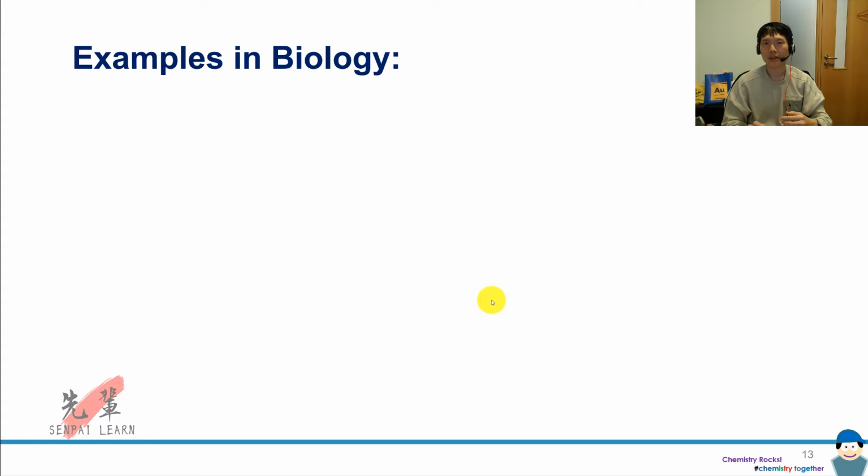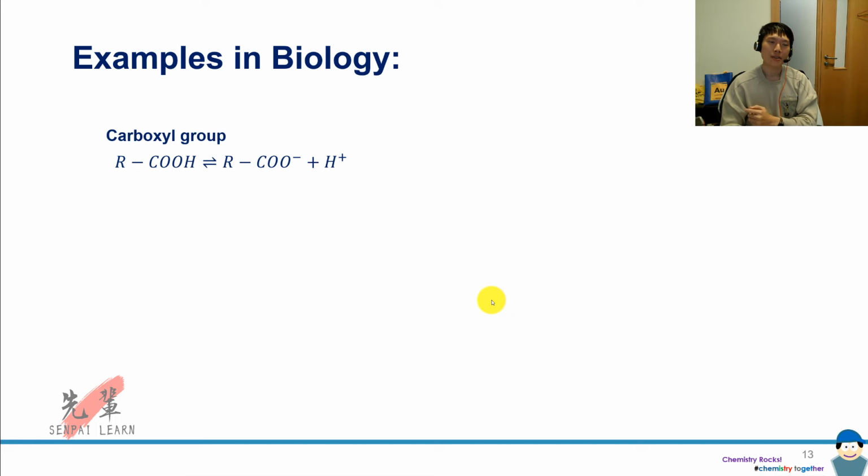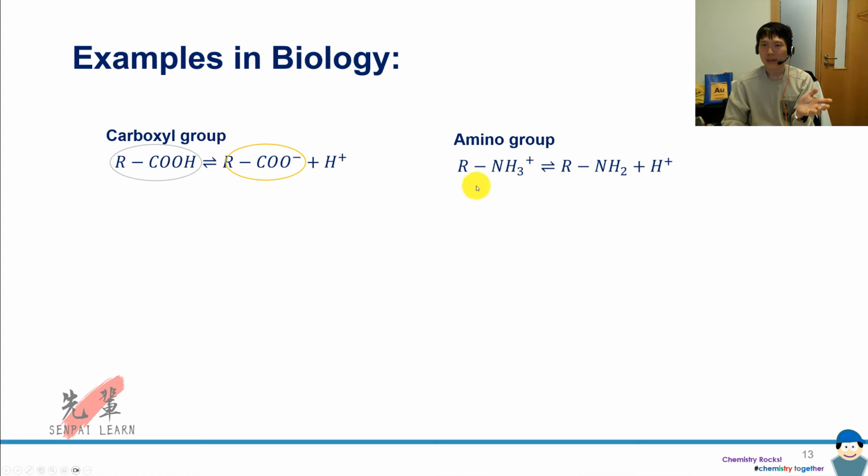Now, because you are studying biology, let me give you some context examples. Amino acids form proteins. You have a polypeptide, proteins. You have the primary, secondary, tertiary, quaternary structure there. So what is inside an amino acid? The acid is the carboxylic acid, and the amine here is a base.